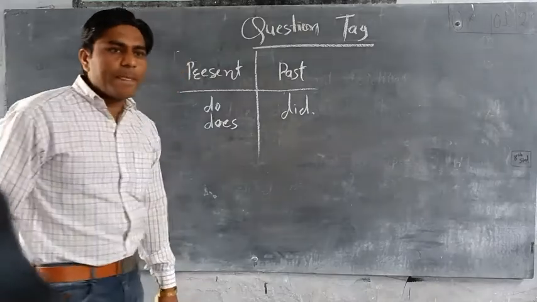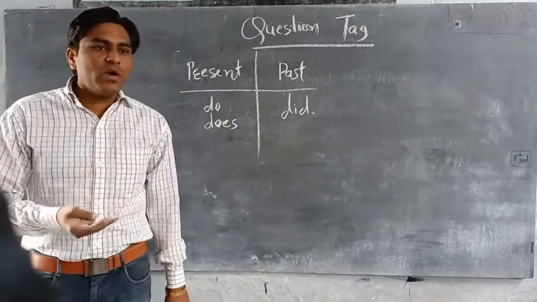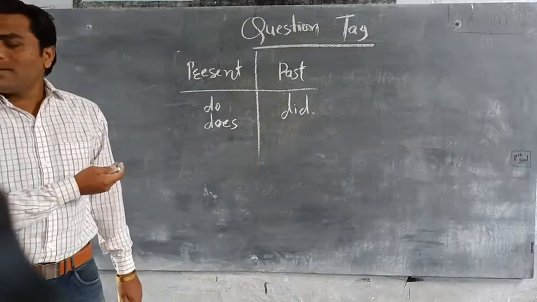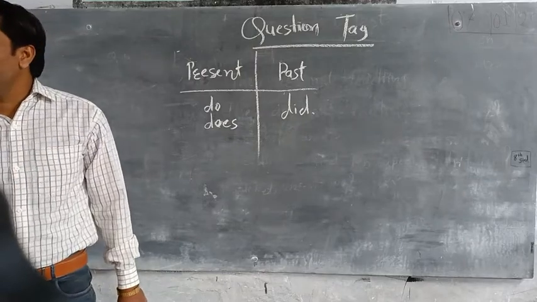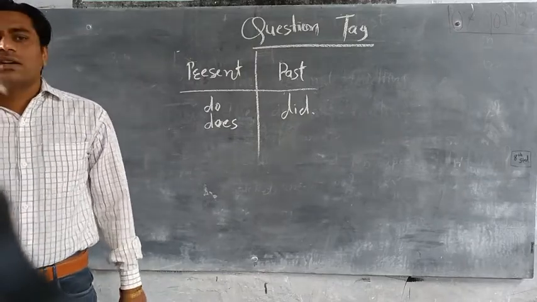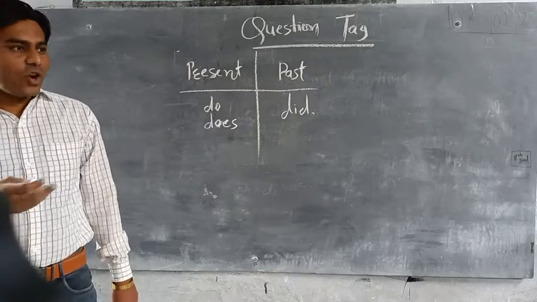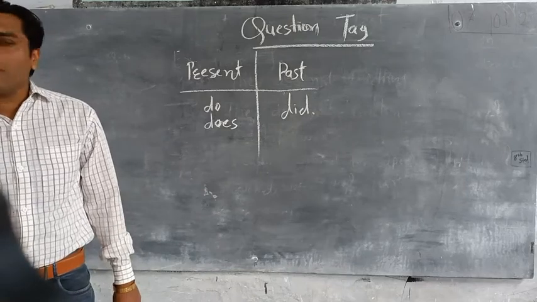Getting? When we see a proper noun, at that time we have to use the particular do form. If the sentence is in present tense, we use the present do form. If the sentence is in past tense, we use the do form of past. Okay?